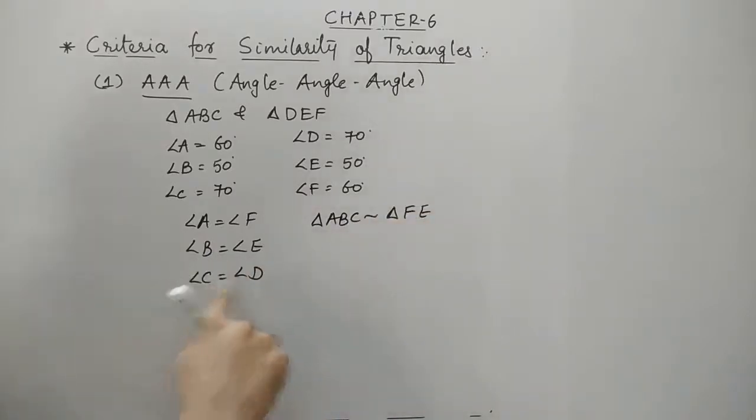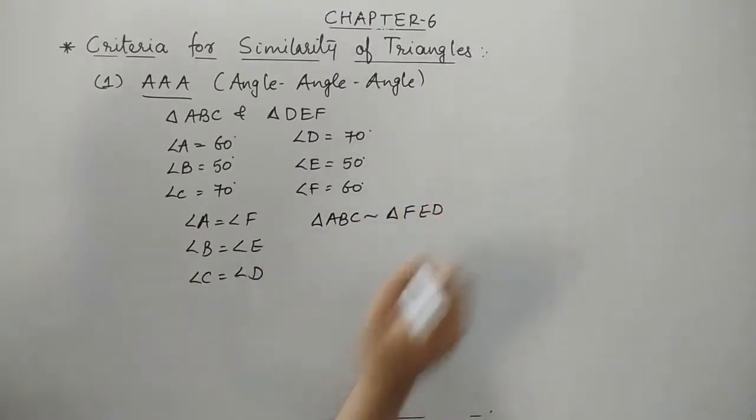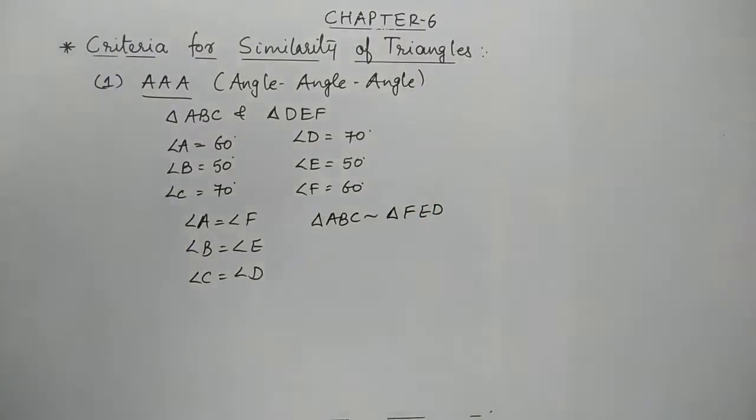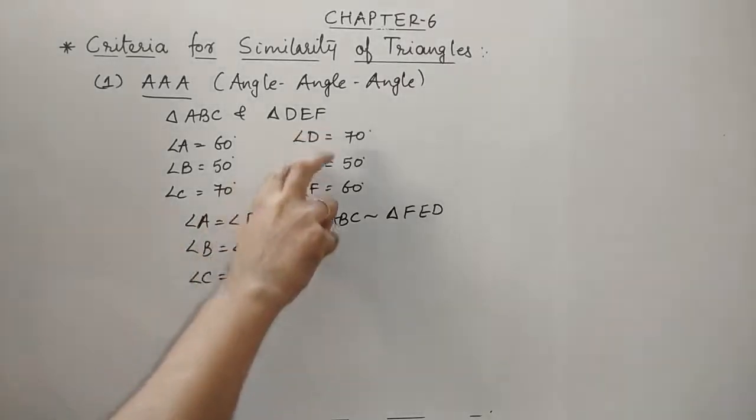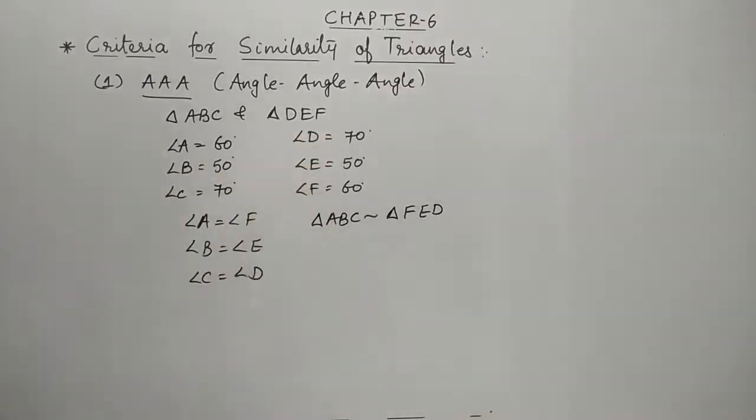So automatically C corresponds with D. Students, remember the angle criteria. Here we have not taken any of the sides in the correspondence. That means all the 3 angles of one triangle are congruent to the 3 angles of the other triangle, so these 2 triangles are similar triangles.